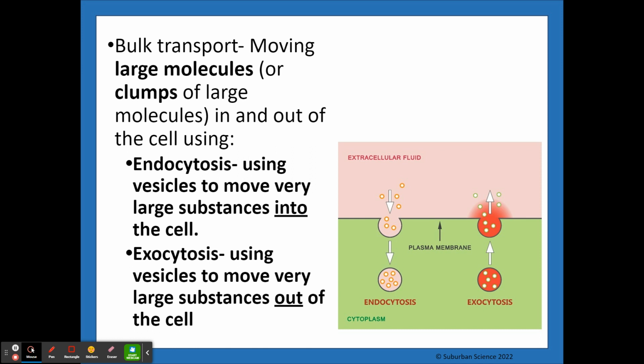With that first one, I want you to think back to when we were talking about organelles. Just remember that our vesicles act as our car, our transportation organelle that helps move substances around the cell or in and out of the cell.